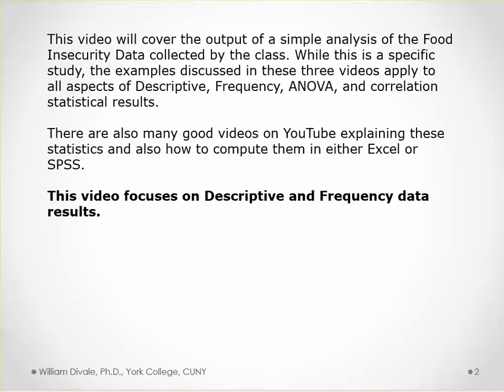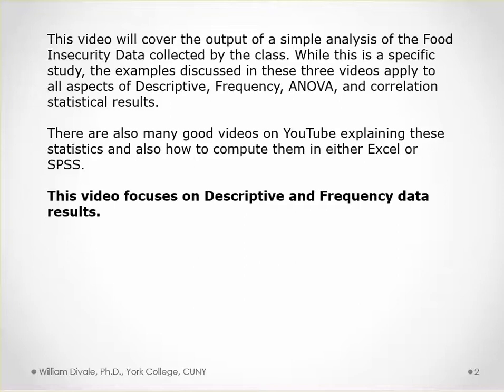Now, this video covers the output of a simple analysis of the food insecurity data collected by the class. While this is a specific study, the examples discussed in these 3 videos apply to all aspects of descriptive frequency, ANOVA, and correlational statistical results.